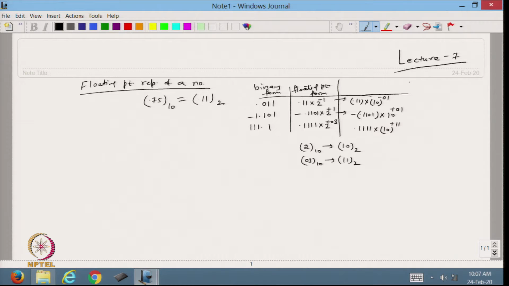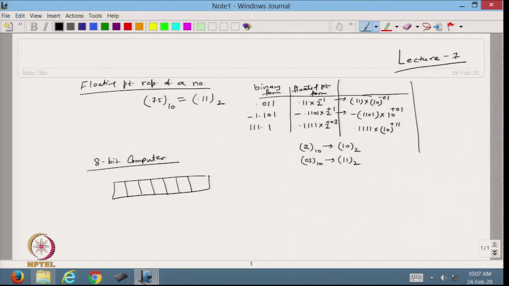So now I can show how to save a floating point number. First I will convert the number into binary form, and then, suppose it is an 8-bit computer.